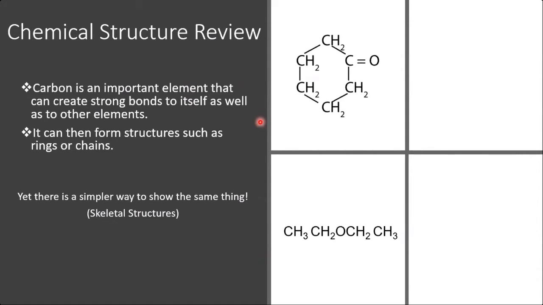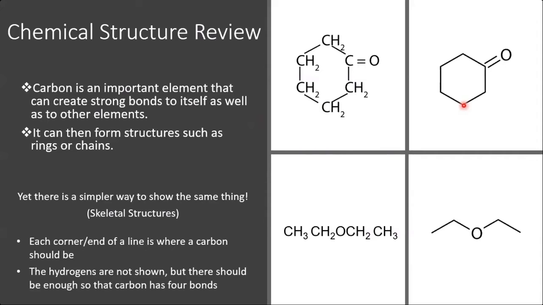Here, each corner or the end of a line represents a carbon. Hydrogens are not shown, but we should know that there are enough hydrogens to make 4 bonds with a carbon. You will be seeing some of these structures later on.